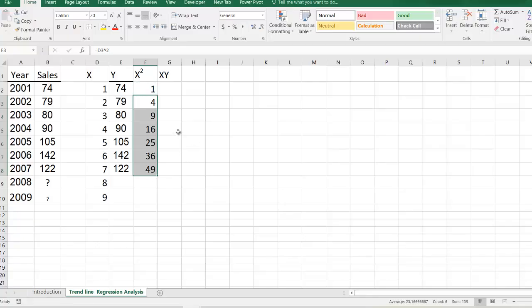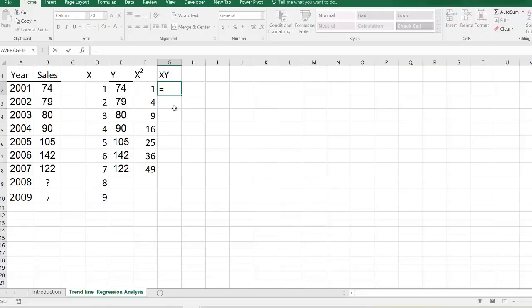The next part is getting the product of X and Y, which is simply equal to the value of X, which is 1, times the value of Y. And again, copying this formula for period 2 to period 7.